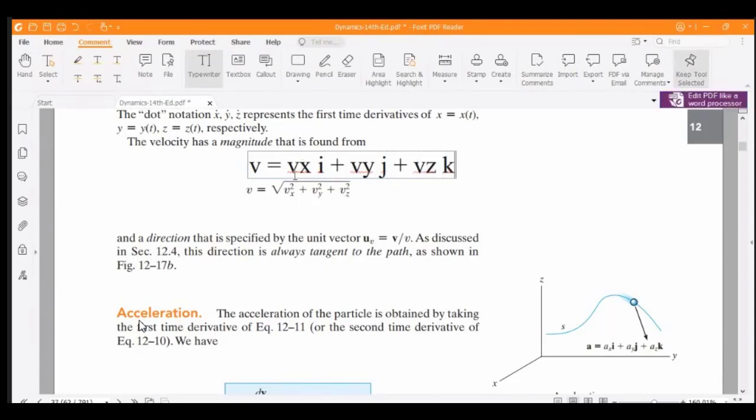So these three terms, do you remember x, y, z? Yes, sir. Of this magnitude. So that is how we can find out the magnitude from it. Okay, fine.